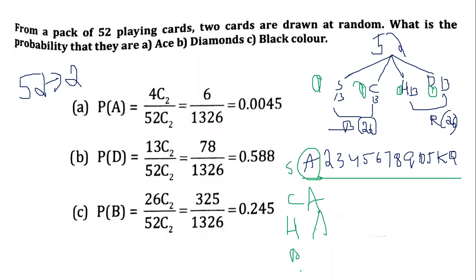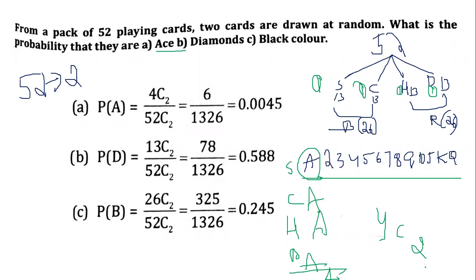So how many aces? 4 aces, right? So what is the favorable event? Out of 4 ace cards, I am supposed to choose 2 cards. This is my favorable event. Out of a total of 4 cards, I have to choose 2 cards.